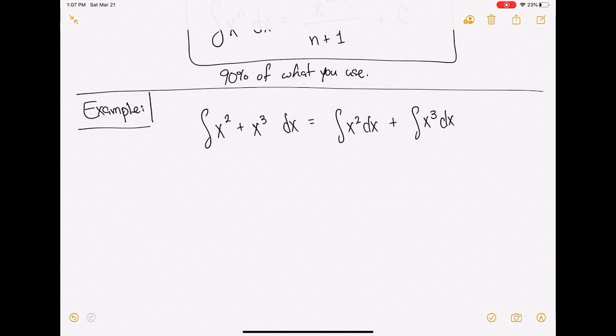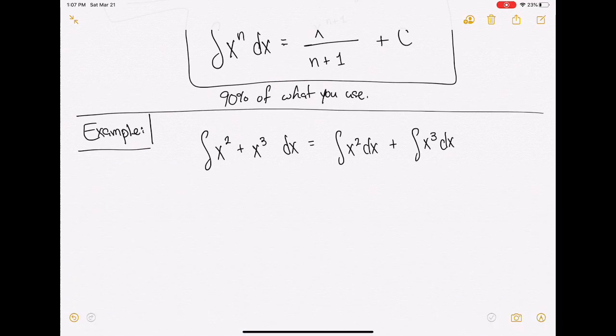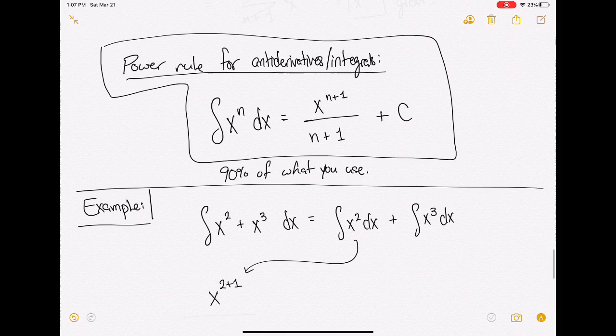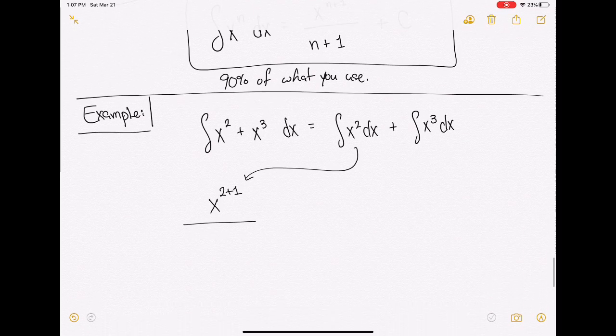So how do I want to think about this? I'm going to take x to the 2 plus 1, and what's going on? Whatever's in the exponent when I'm finished, 2 plus 1, I'm dividing by that as well. And the same thing happens with x cubed.